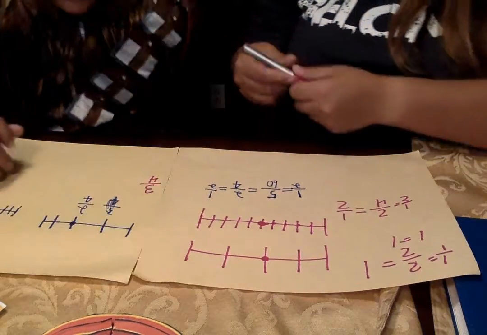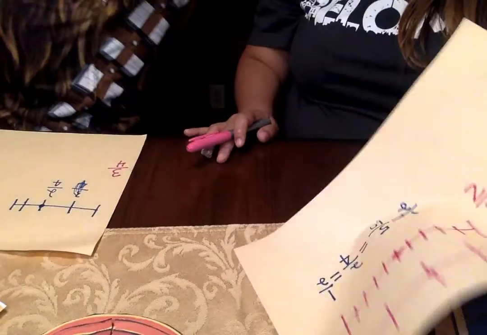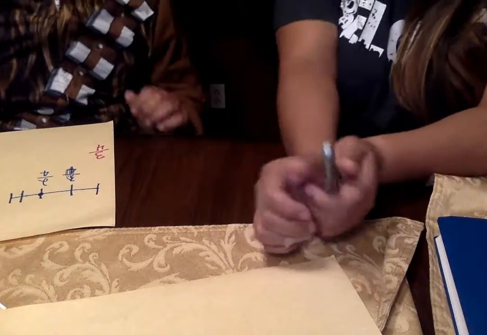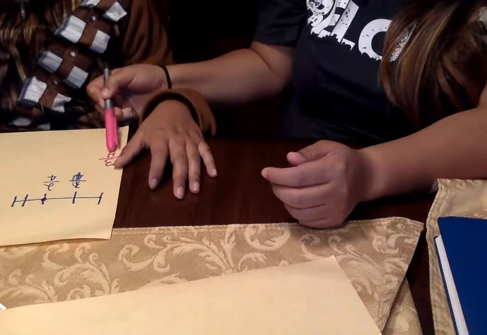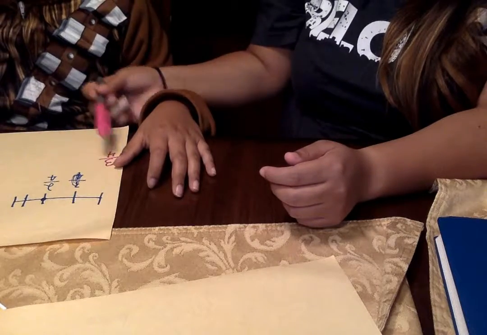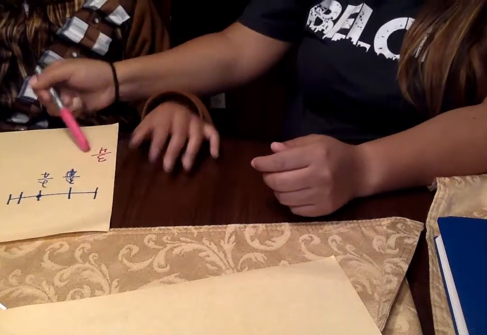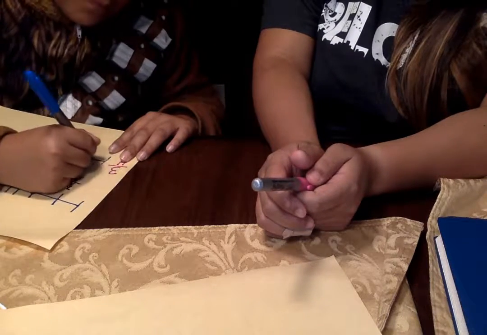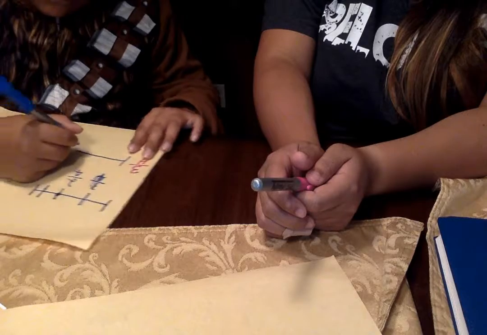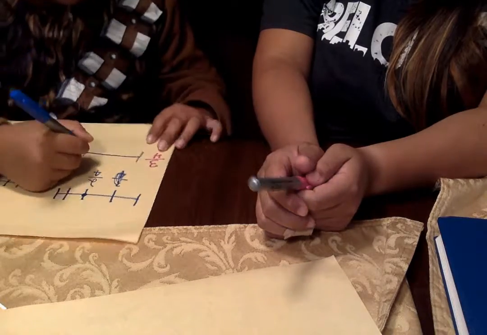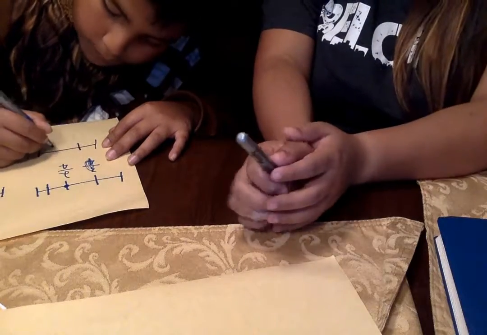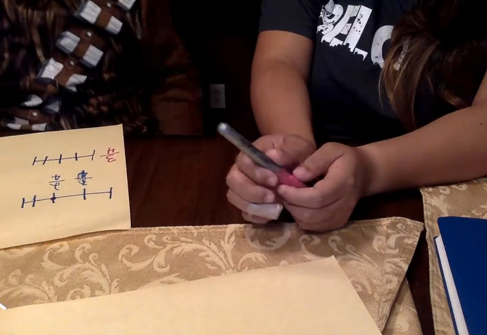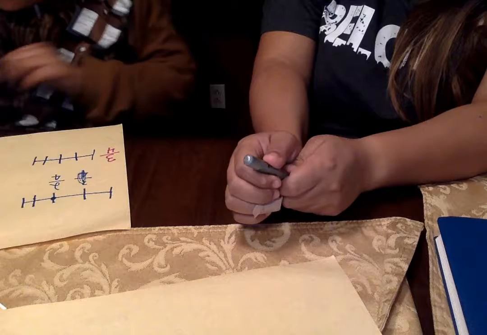Okay, so could you write a number line and then mark your point of 3/4 and then 6/8. So go for it. Make your number line. Awesome. For your other number line.